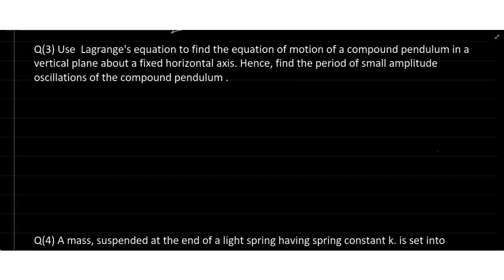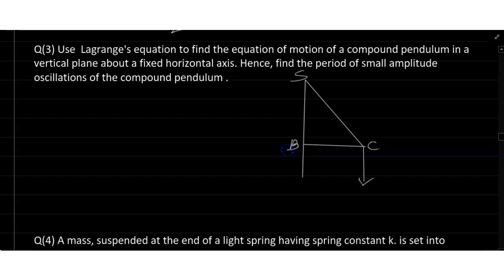This type of question comes in MSc Maths and also BSc Maths, and it is very important for kinematics. Write it this way. This is my S, B, C, O. This angle is theta.